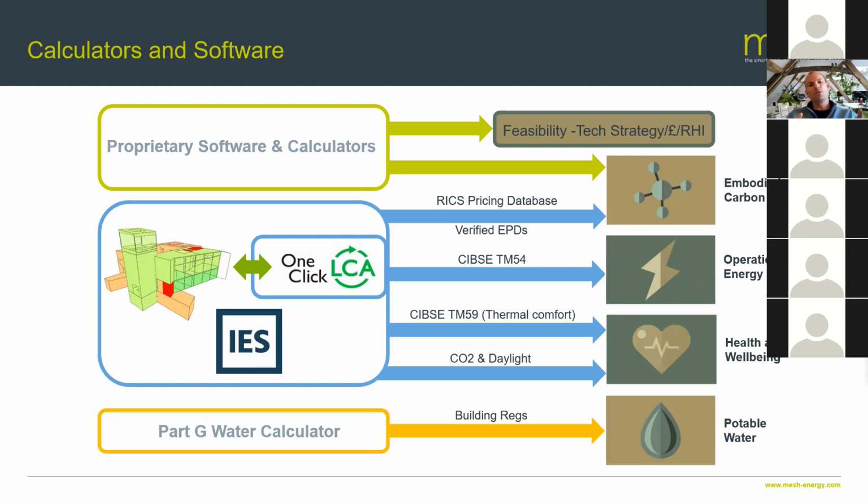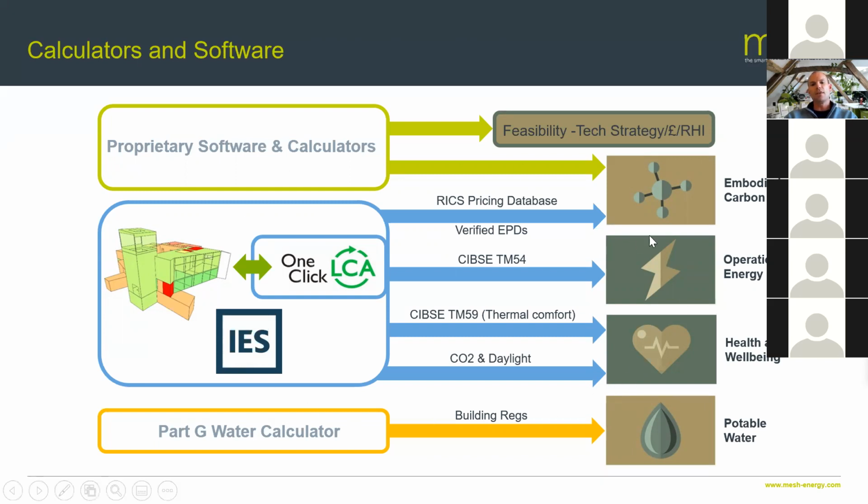Speaking personally, Mesh Energy uses IES and One Click LCA very closely. That allows you to build, rather than modeling these things independently, a model in one go that gives you answers to your embodied carbon questions, your operational energy questions and your well-being questions, all in one go.